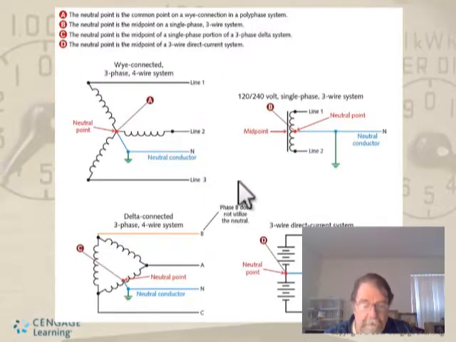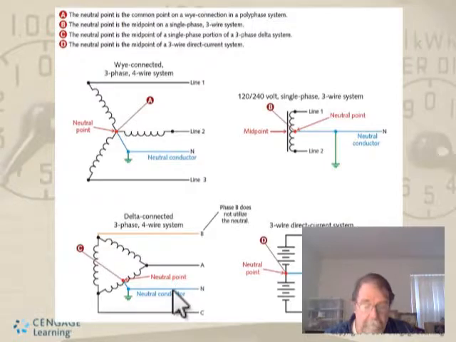The neutral point is a common point on a Y connection in a polyphase system. And then the neutral point is a midpoint on a single-phase three-wire system, which is right here. And that's a delta, three-phase. This is a Y. And the neutral point is a midpoint of a single-phase portion of a three-phase delta system, right here.